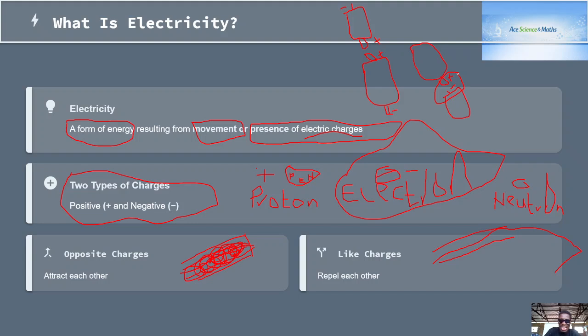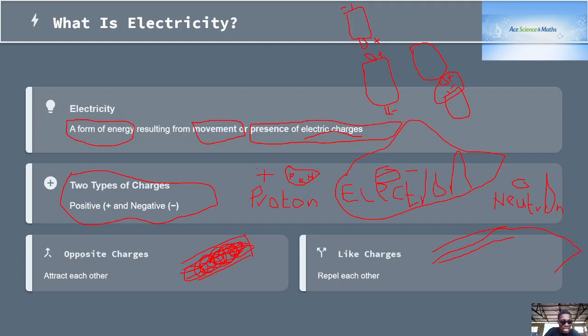So the rule is that opposite charges attract, meaning positive and negative charges attract each other. But like charges, like positive and positive, negative and negative, they repel each other.